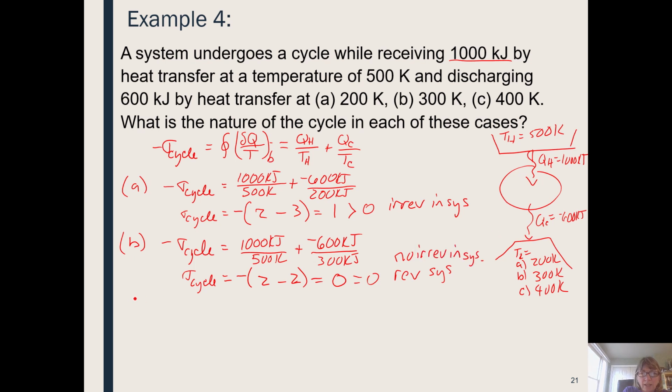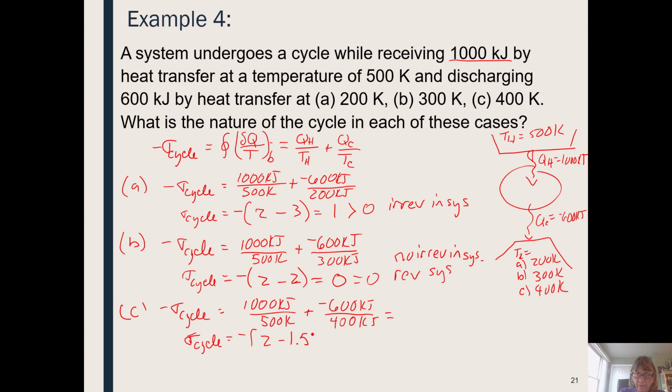Okay. And then C, you can see a pattern here. We have our QH over TH, and now we're doing Q cold over our 400. And so here we have 2 minus 1.5, and that is equal to 0.5.